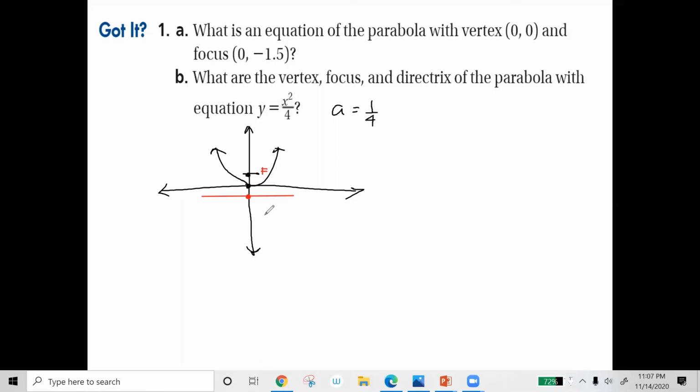This is the graph of y equals x squared over 4, wherein (0, 1) is our focus and the directrix is y equals negative 1. That's all for today. Thank you for listening.